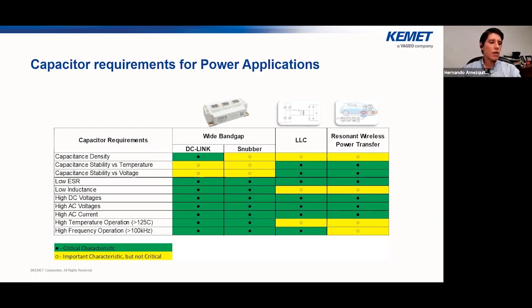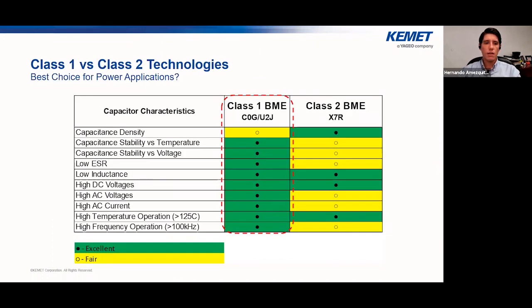You can see some critical characteristics, for example, the capacitance stability against temperature and against voltage, as well as low ESR. This can be used as a reference for the three application trends that we mentioned in the previous slide.